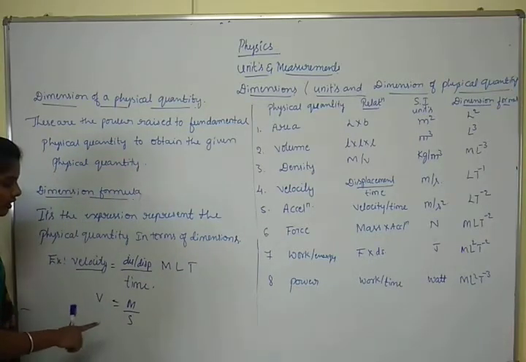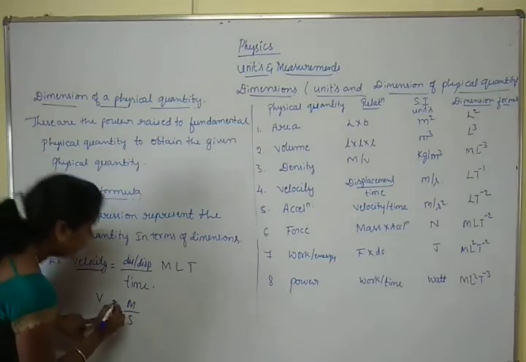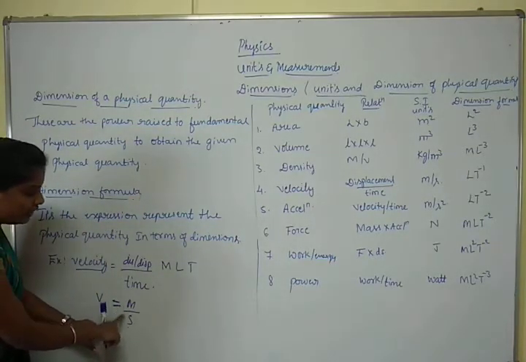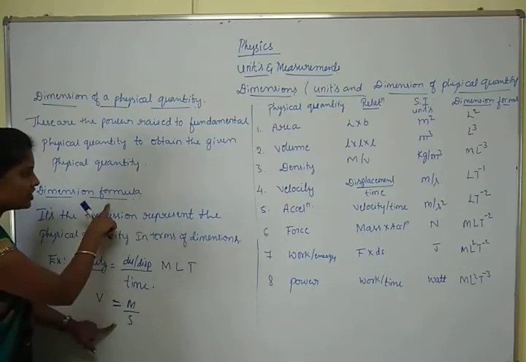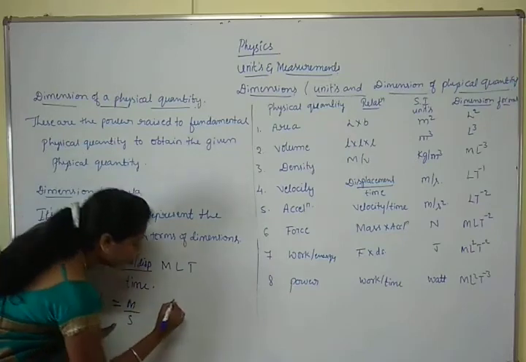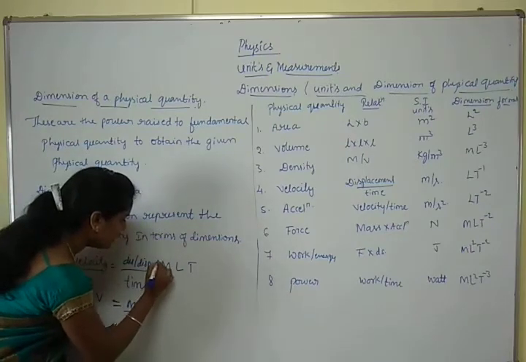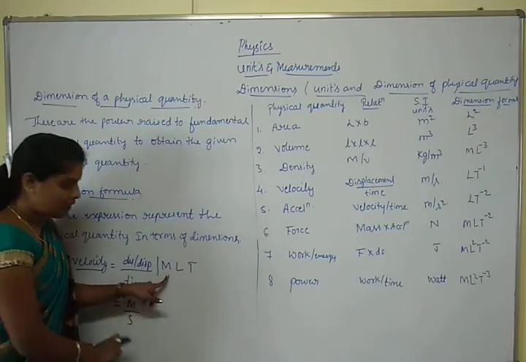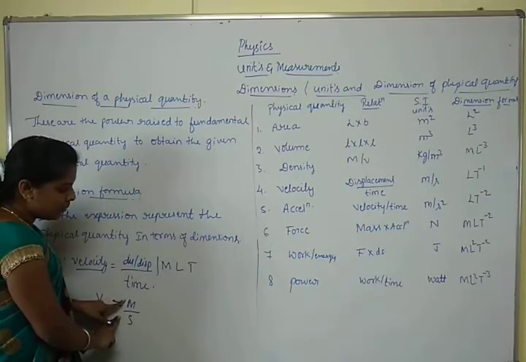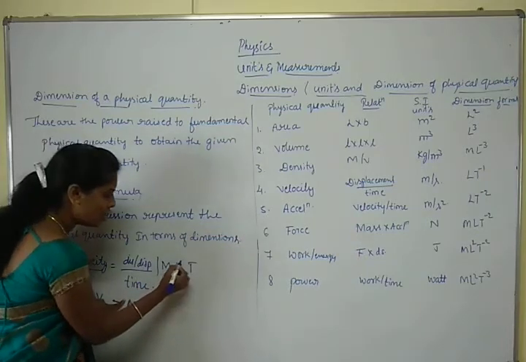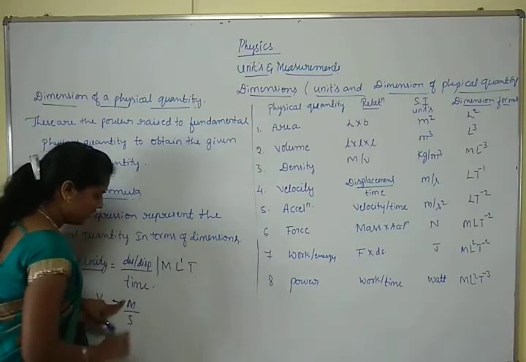When we know the SI unit, then only we can write the dimension of this physical quantity. Therefore, the dimension formula for velocity: here meter comes under length, so L to the power of 1.